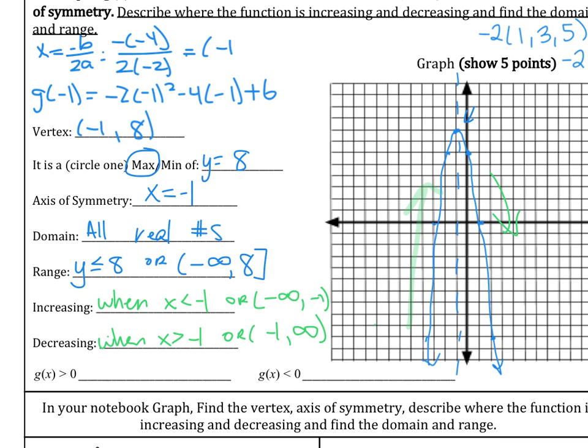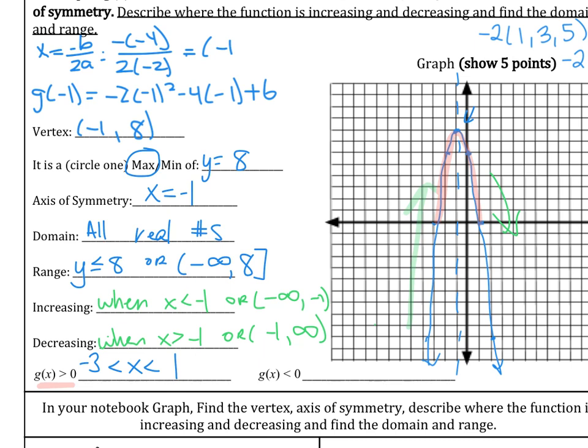The next thing we need to take a look at is when it's above and below the x-axis. Okay, so let's look at when it's greater than 0, when it's above the x-axis here. So again, we're doing it with respect to the x value. And so we know that it's above when x is between negative 3 and positive 1.